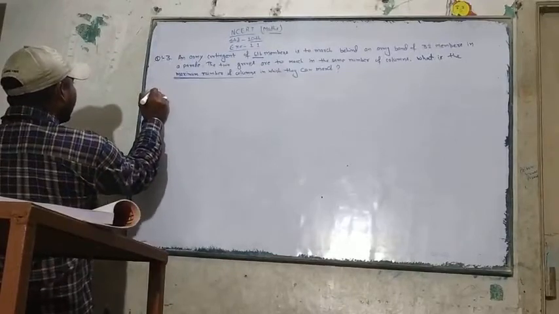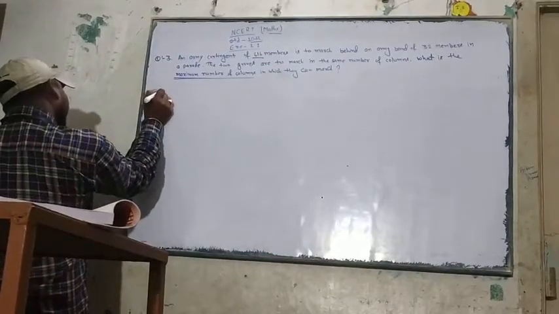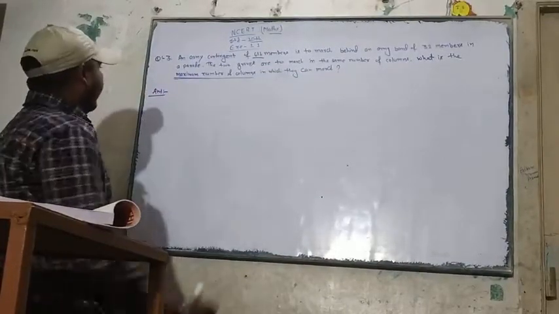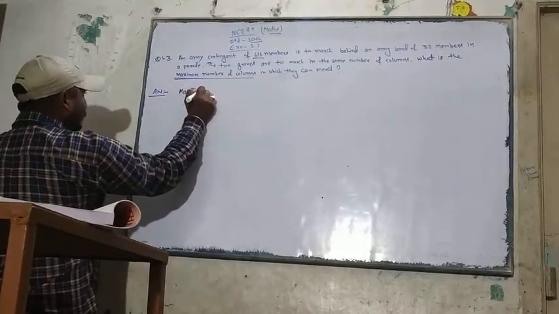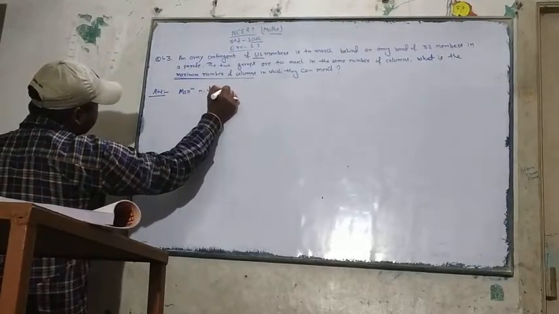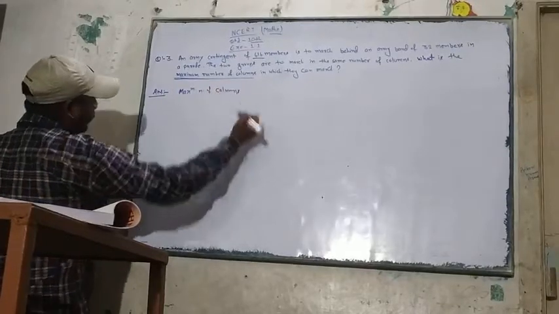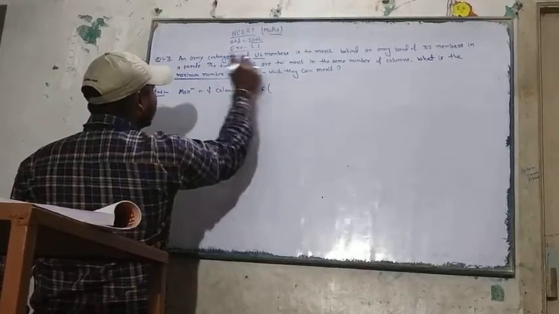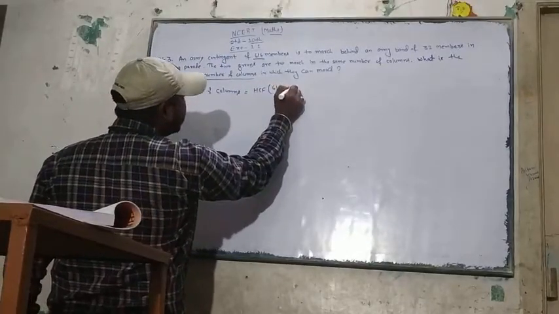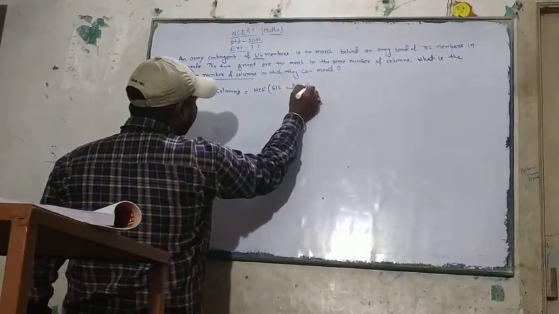So according to the solution, maximum number of columns is equal to HCF of 616 and 32.